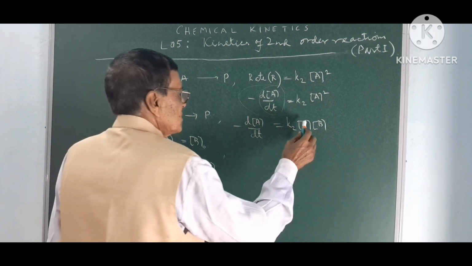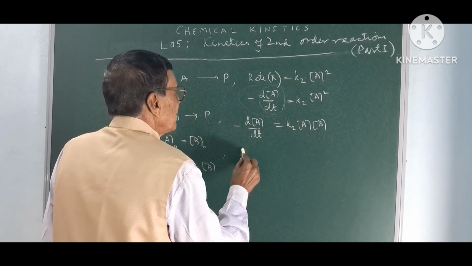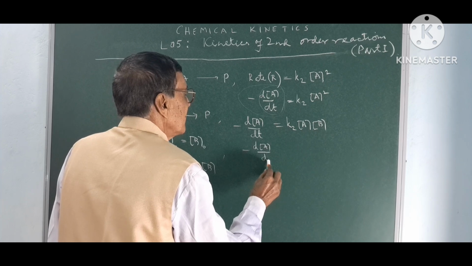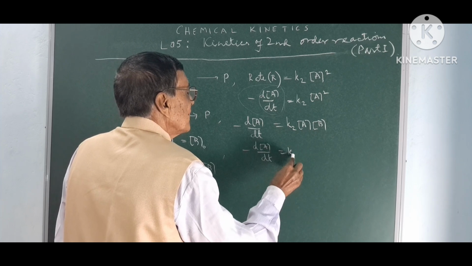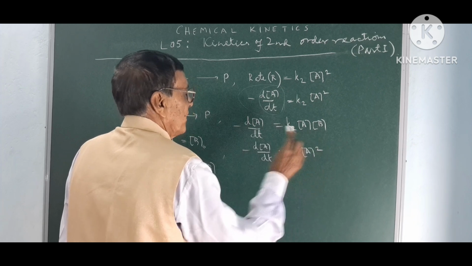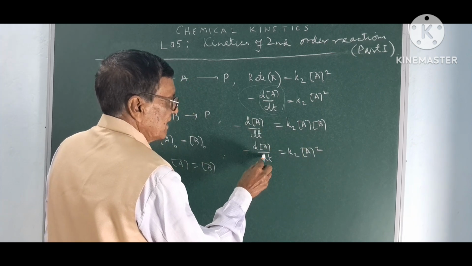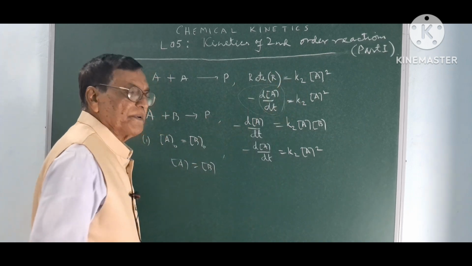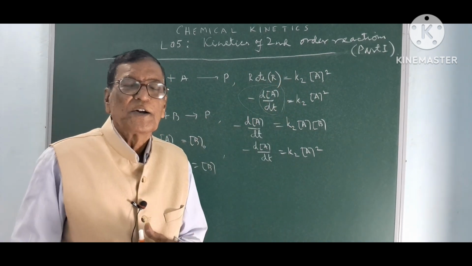So in this case we can write minus dA by dt equal to K2 times the concentration of A squared. This rate equation and the earlier one are the same, and the mathematical treatment will also be the same.